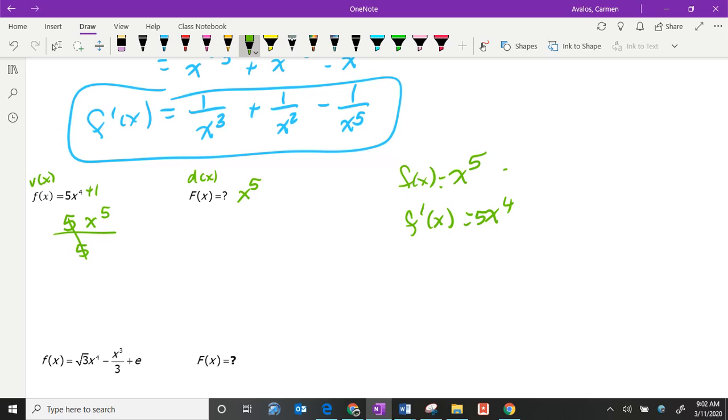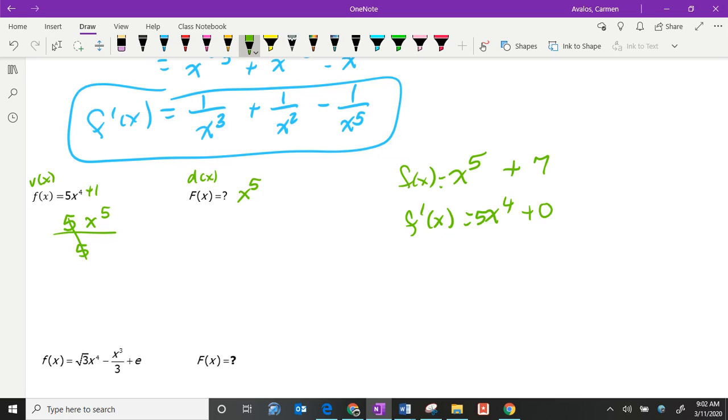But what if I had said x to the 5th plus 7? If I have that, then when I take the derivative, this is still going to be the same answer, plus 0. So how do I know that if I'm going backwards that I don't have a constant? And the answer is I don't know. So we never know if there's a constant or if it was just 0 to begin with.